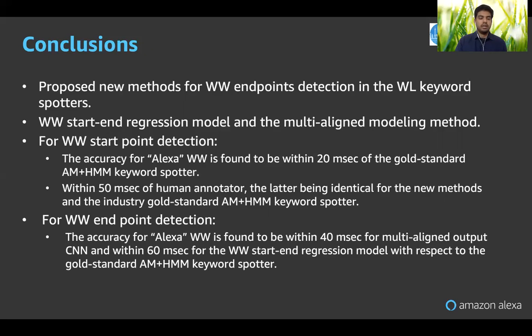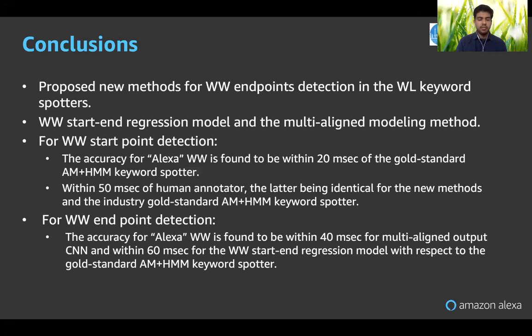Just to give an idea of what we discussed so far and give you a conclusion, we proposed two new methods for wake code endpoint detection for a word level keyword spotter, namely the start and end regression model and the multi-align modeling method. We found that we made a standard error under 20 milliseconds when compared with the gold standard AM plus HMM, which is pseudo label data by that model.